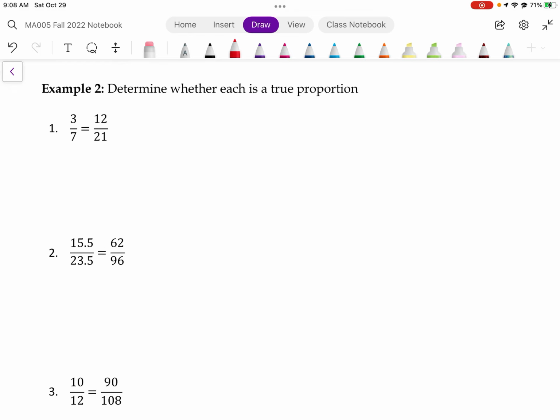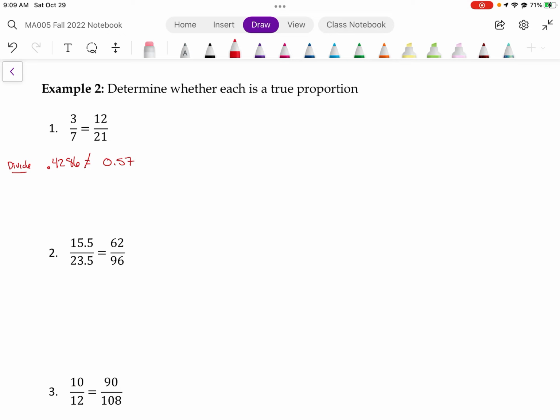So 3 divided by 7 is 0.4286. So I'm going to divide first. 0.4286. All right, does that equal 12 divided by 21? Well, when I do that in my calculator, I get 0.57. Ooh, no, not true. Not true.